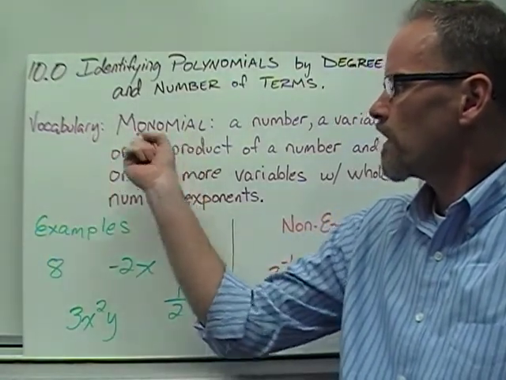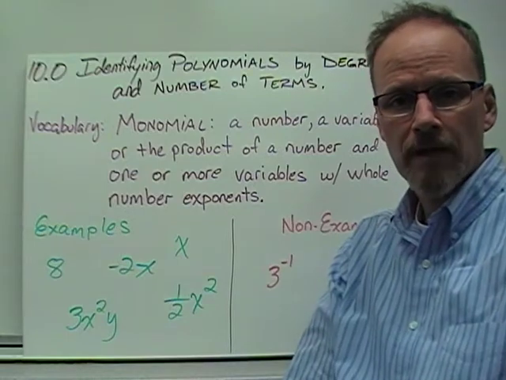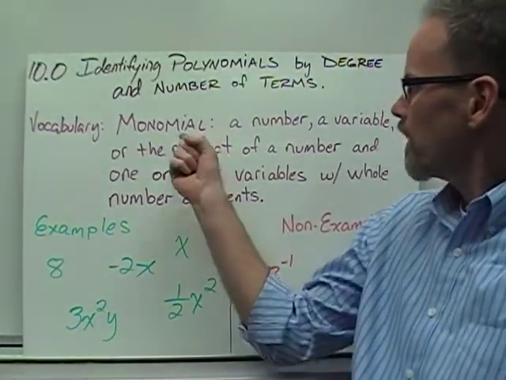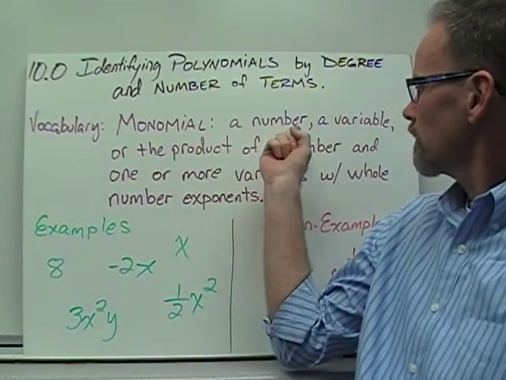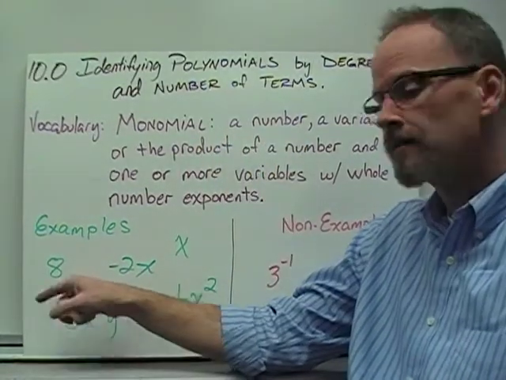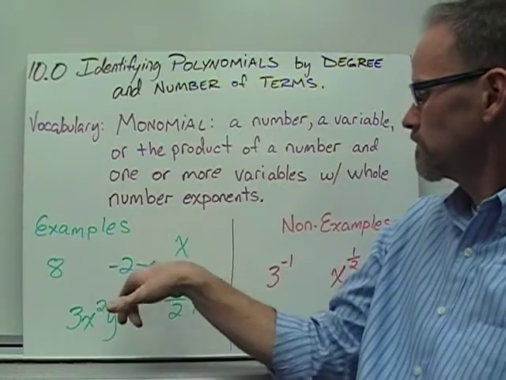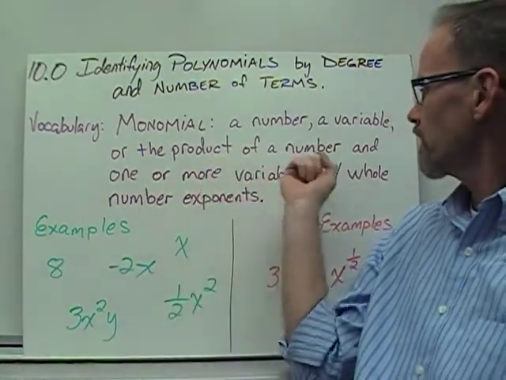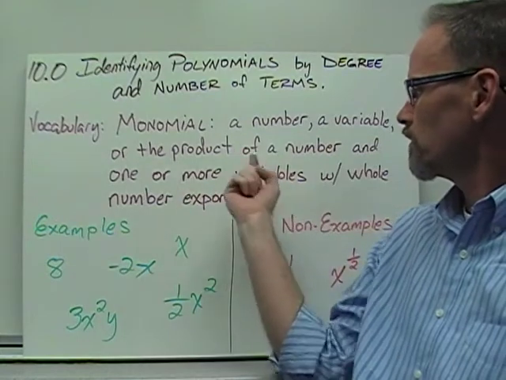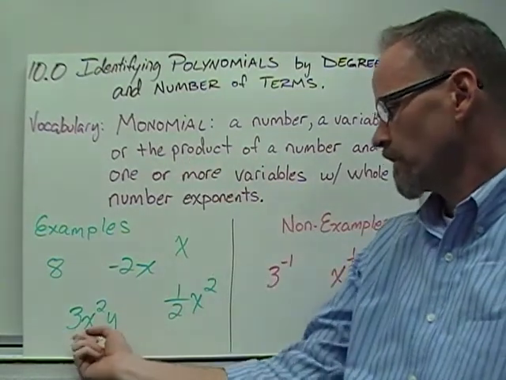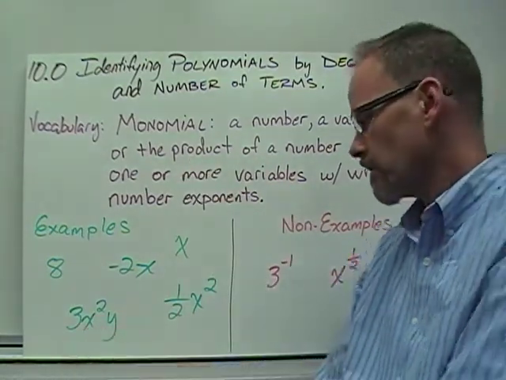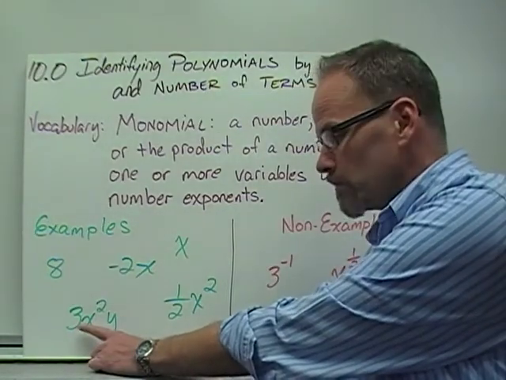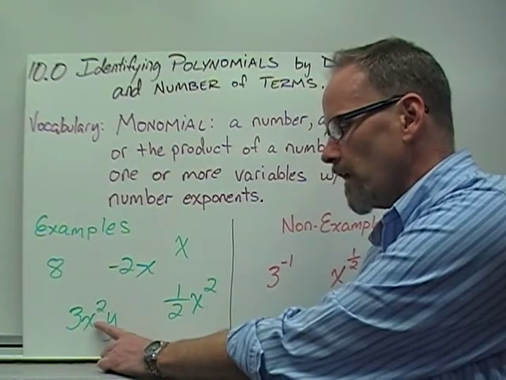There is this word called monomial, and mono means one. A monomial is a number like 8, a variable like just x right here, or the product of a number and one or more variables. For instance, the product down here, multiplication is happening between 3 and x squared and y.